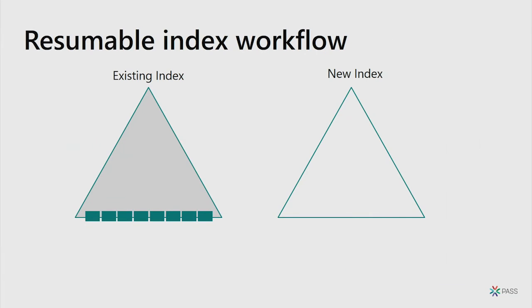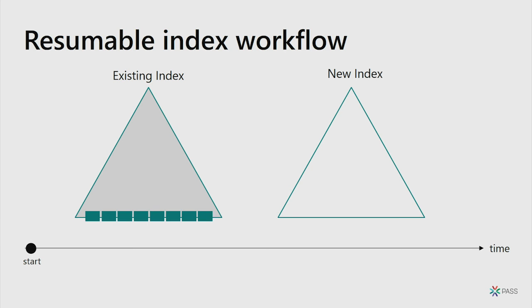Okay, so resumable index workflow. Now, how many of you are already using online index rebuilds? Good. For those of you who are, you are already having this kind of overhead, so resumable is not going to add that much on top of it. The way online indexes work is you have an existing index that you're going to rebuild, and a new index that we build side by side.